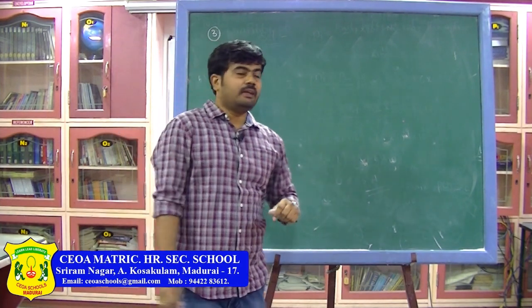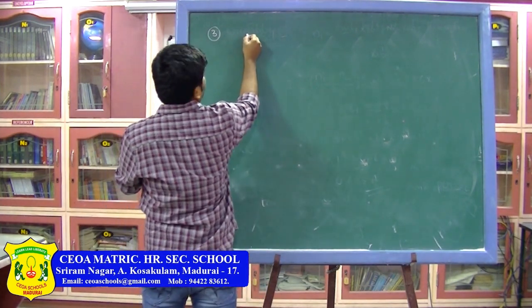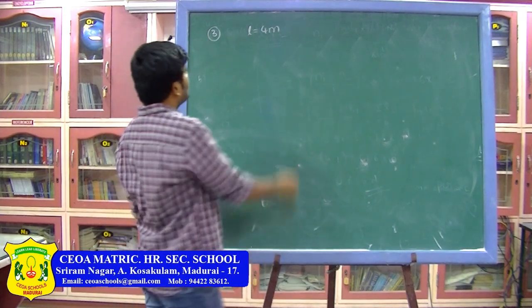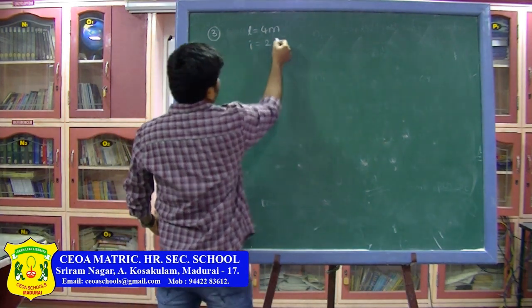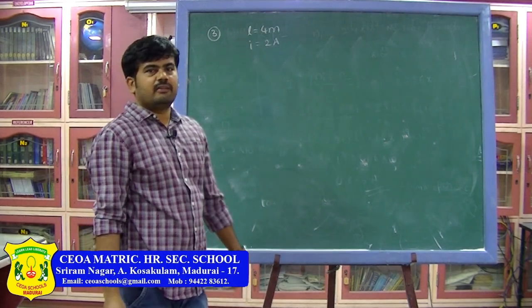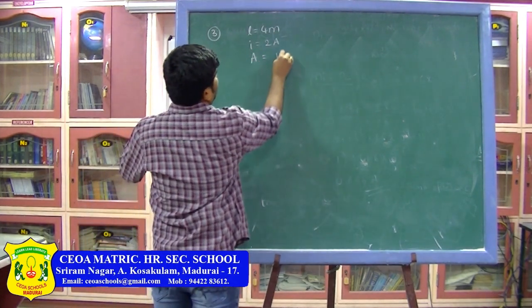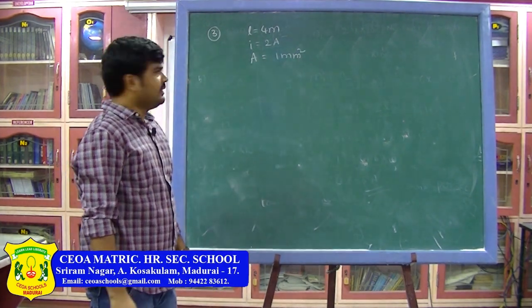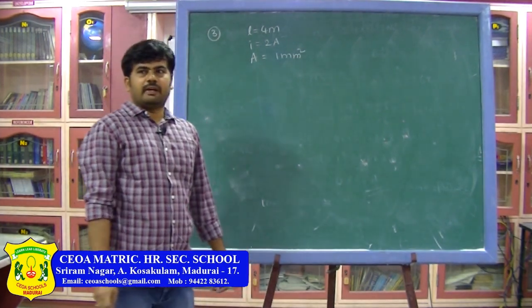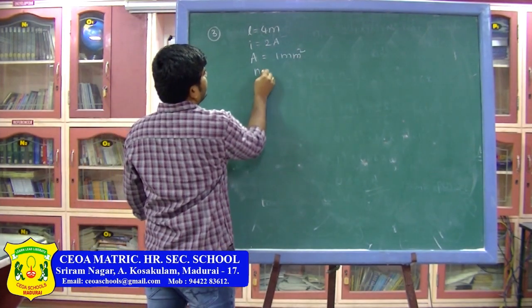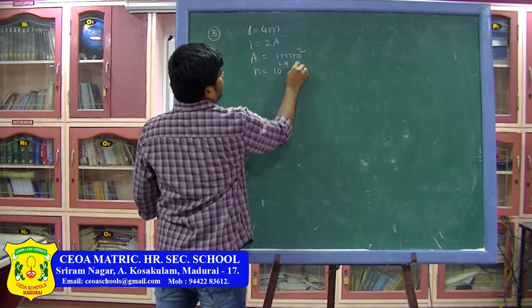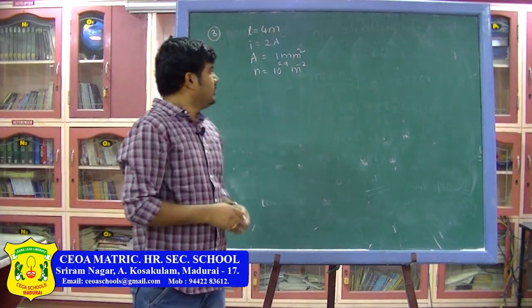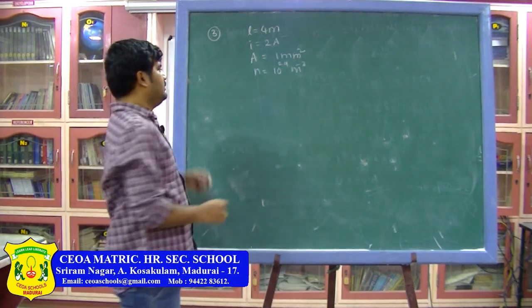A wire of length 4 meters is carrying a current of 2 amperes, I is equal to 2 amperes, and the area of cross section of the wire is A equals 1 millimeter square. Given that the charge density of the material of the wire is 10 to the power of 29 electrons per meter cube. Then calculate the drift speed of electrons in the wire.